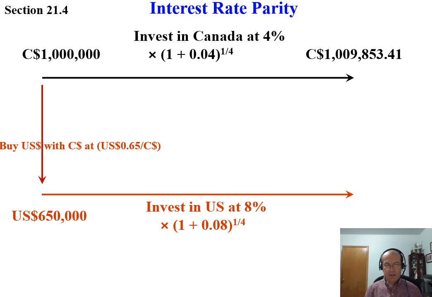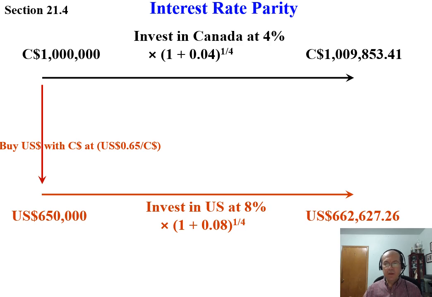If we multiply 650,000 by this future value interest factor, basically, we will have $662,627.26. This is how much money we will have in US dollars in 90 days.